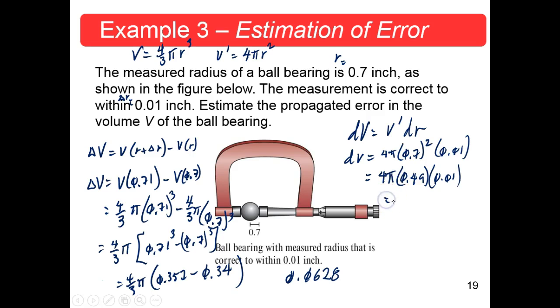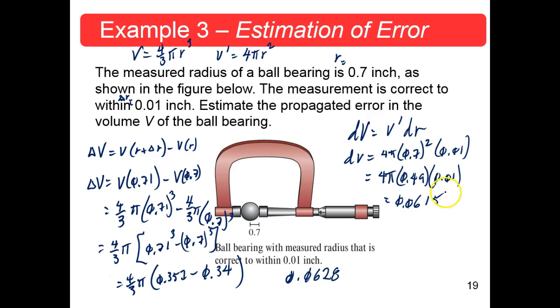And if you get your calculator out, because I can't multiply pi in my head, 4 times pi times 0.49 times 0.01, what do you get? Okay, a little slower. 0.06 what? 1, 5.